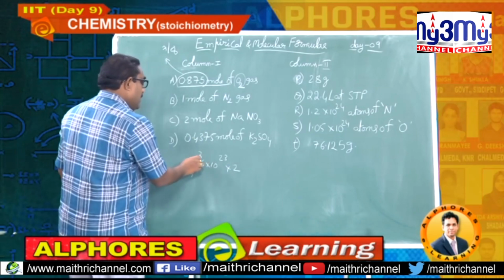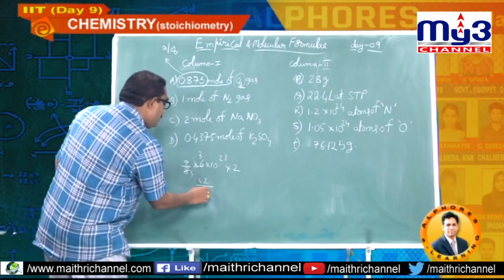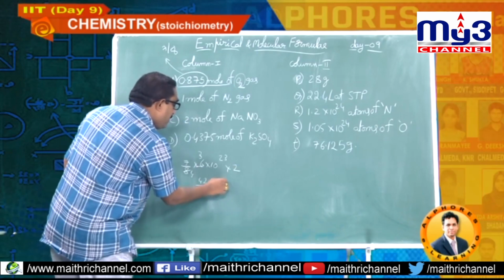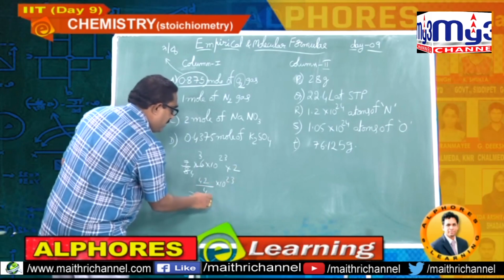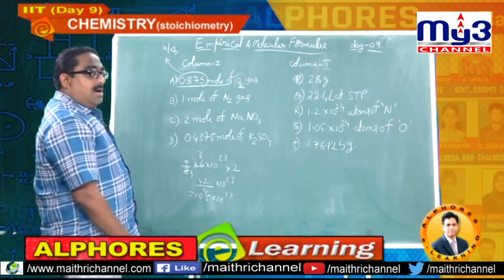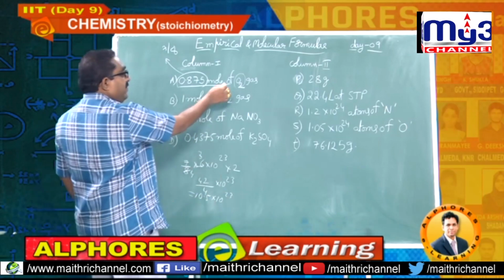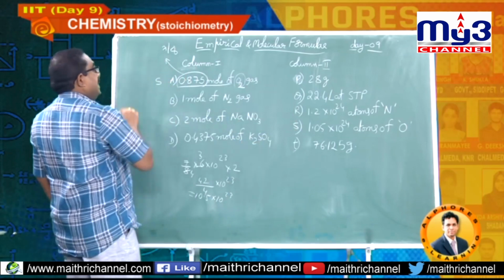Seven threes are 21, into 2, 42 by 4 into 10 power 23. Write down, students. This is simply 10.5 into 10 power 23. So no doubt it is going to be matched with S.